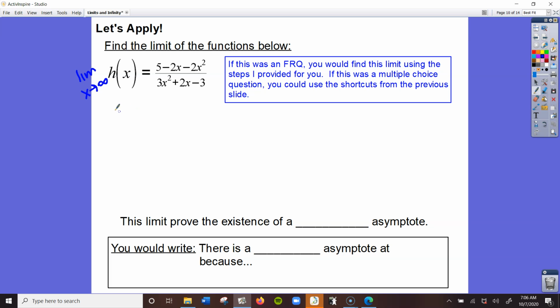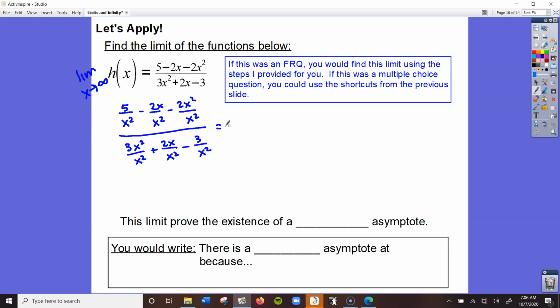So 5 over x squared minus 2x over x squared minus 2x squared over x squared, all over 3x squared over x squared plus 2x over x squared minus 3 over x squared.